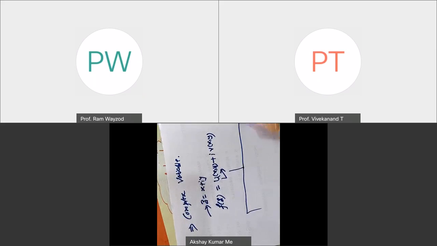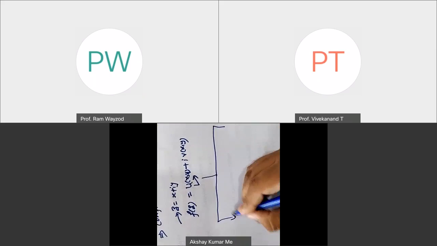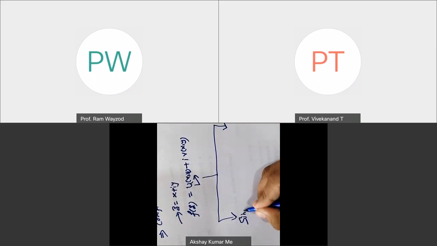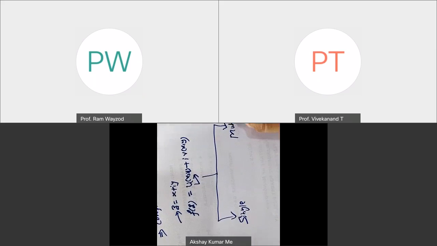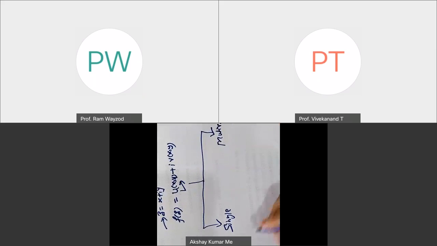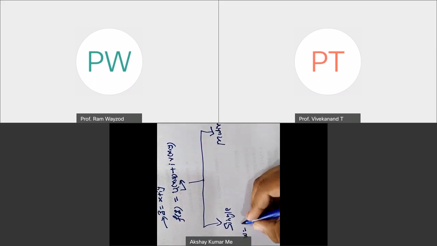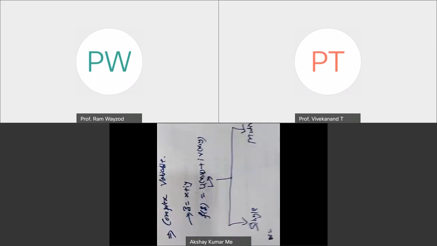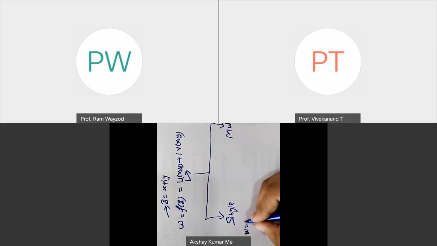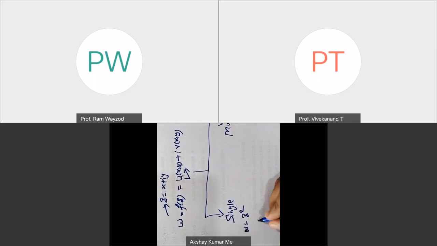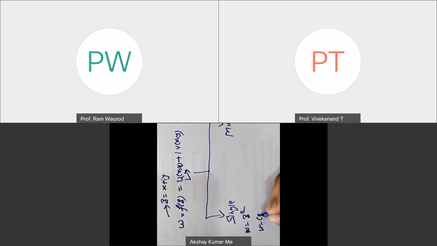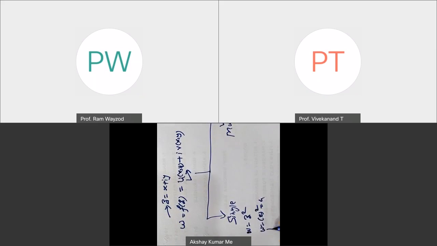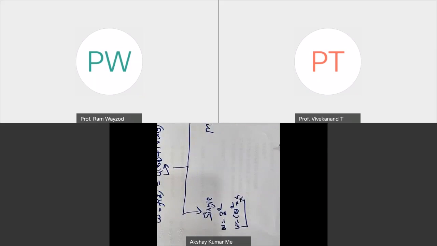Now it has two types, single-valued function and multi-valued function. So for example, if we define w or omega equal to z square, then we get a single value. For example, if we substitute 2, 2 square is 4. So we get only a single value.